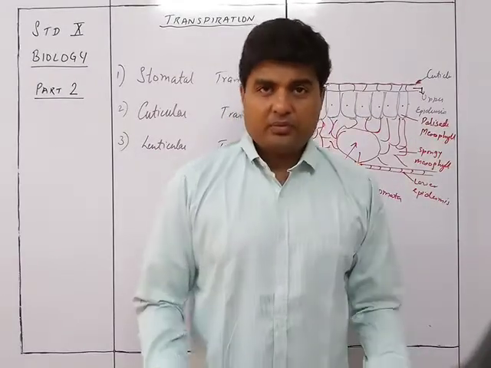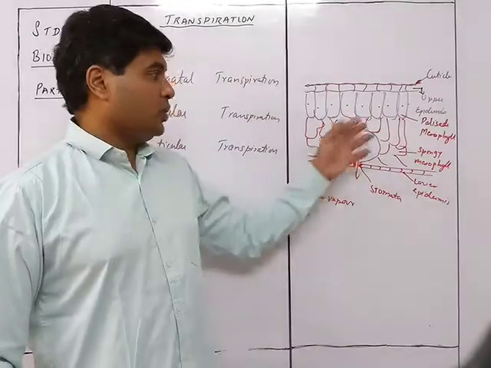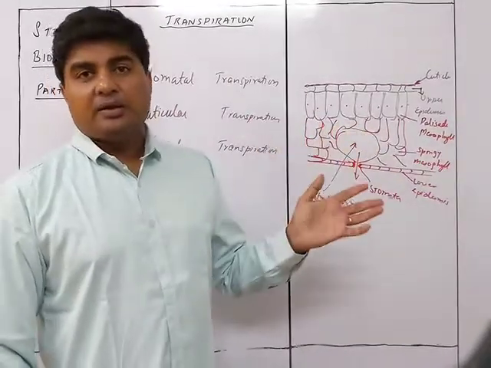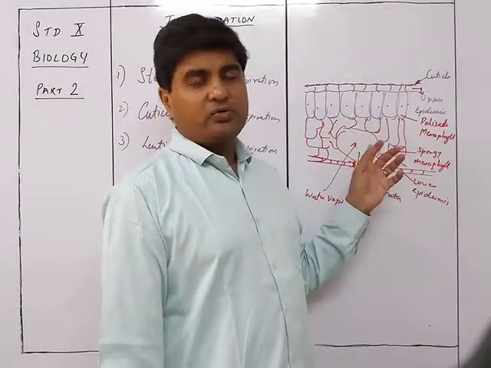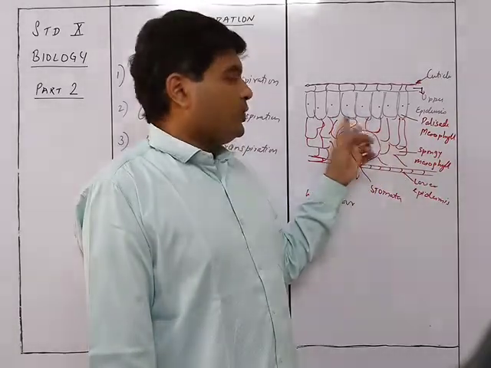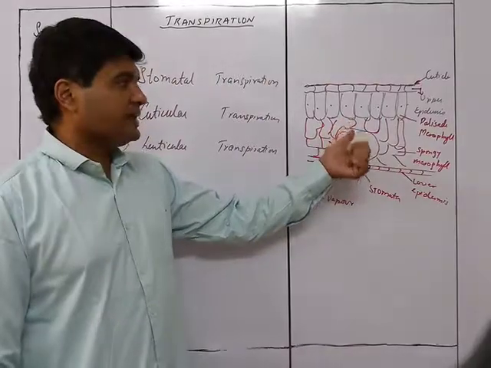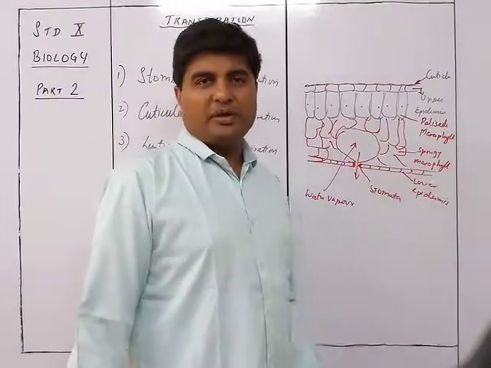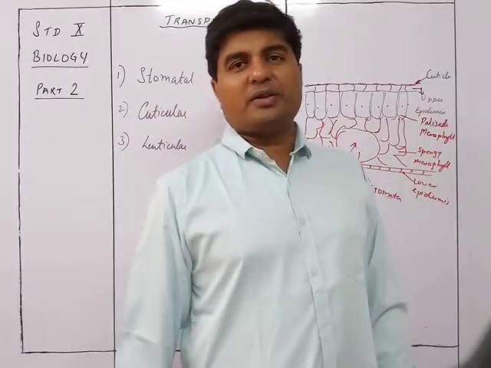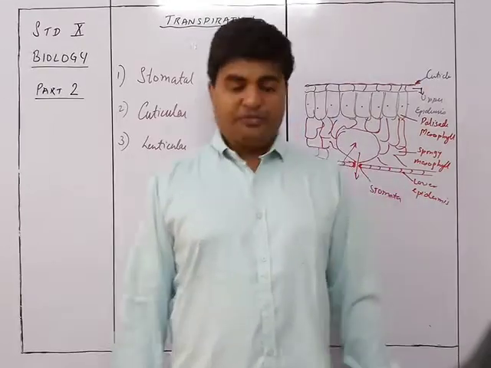That is diffusion, from higher concentration to lower concentration without any cell membrane in between. So when it moves from one point to another, it is by diffusion. The whole transpiration, the cell to cell movement of the water vapor from one cell to another, takes place due to diffusion.